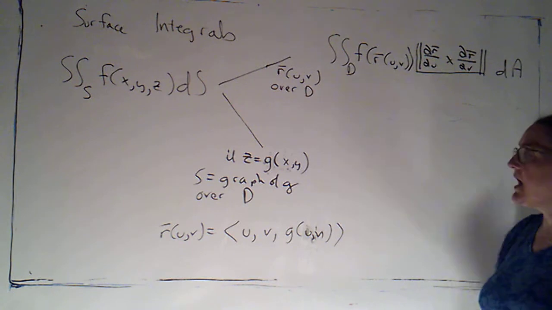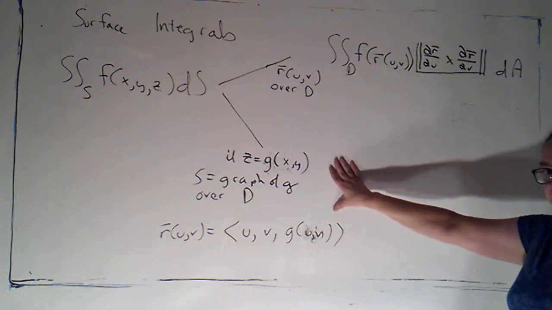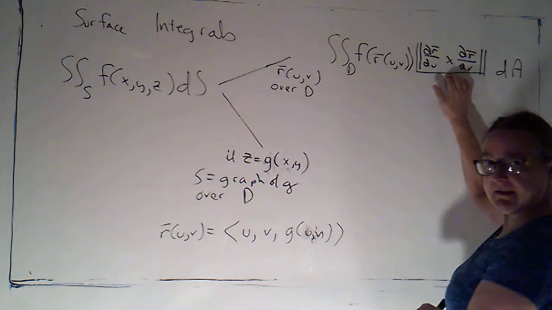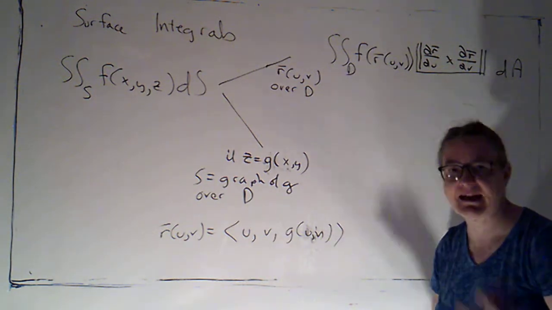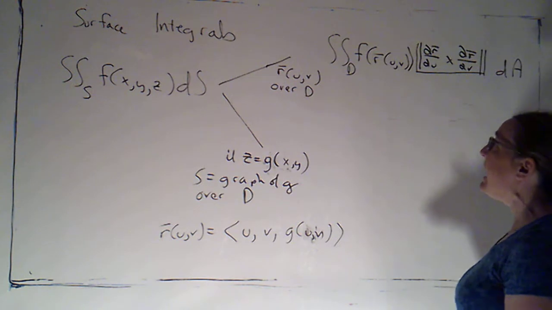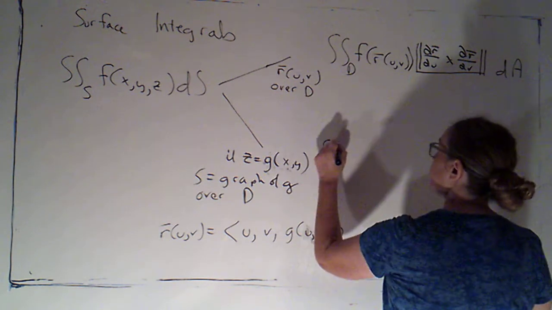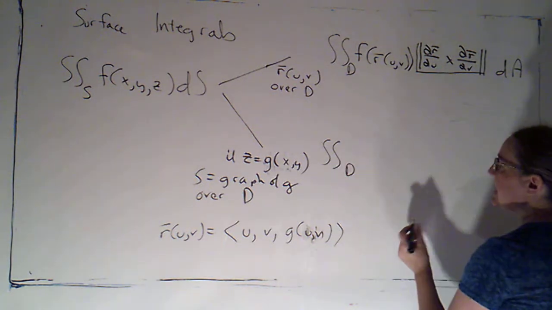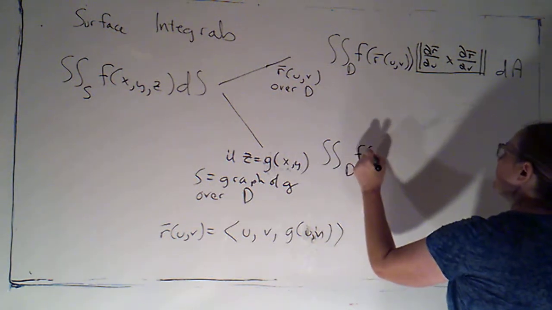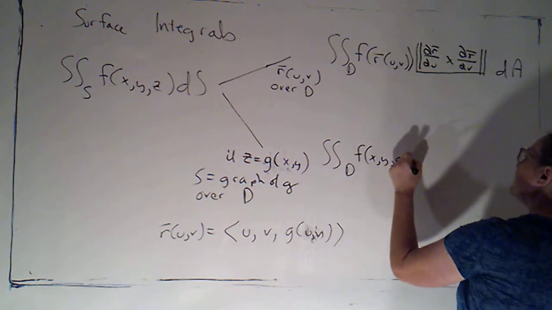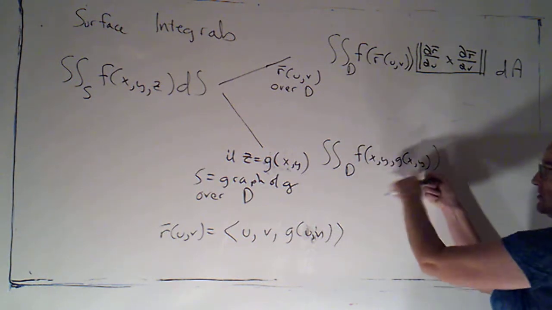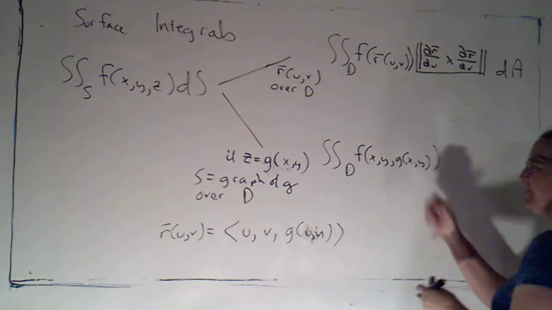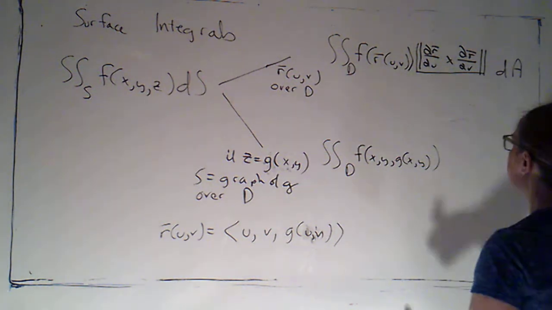of u and v. But this one is so common that I hope you've derived what this is enough times that you've accidentally memorized the result. And you can go ahead and use that result if you have, that you're going to get the double integral over D of f of x, y, g of x, y, so you'd have to express your z in terms of the other 2 variables because they're essentially becoming your parameters.